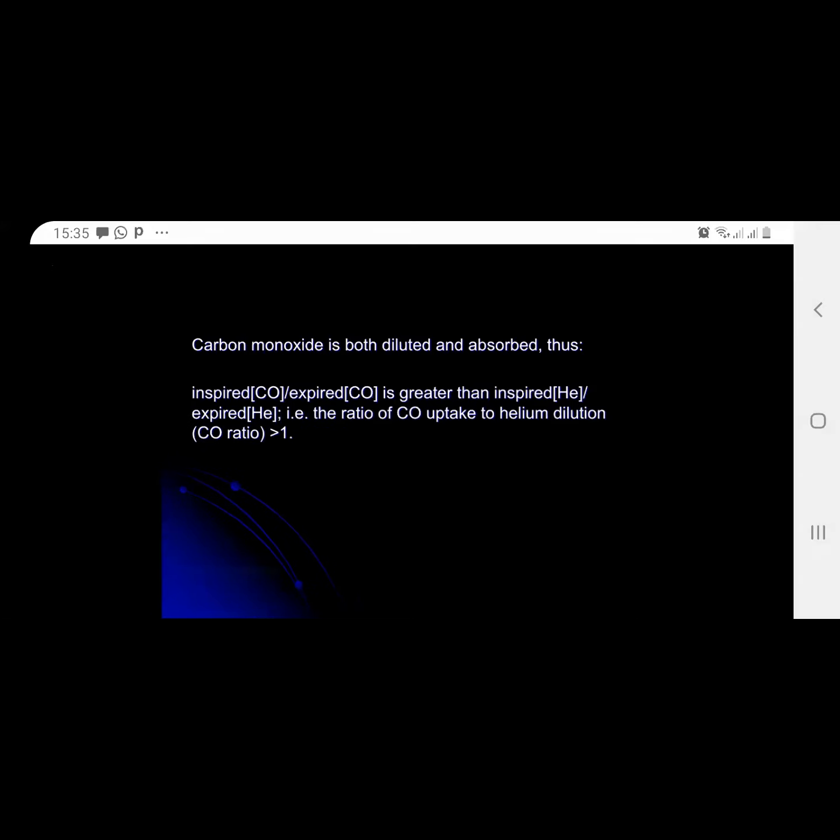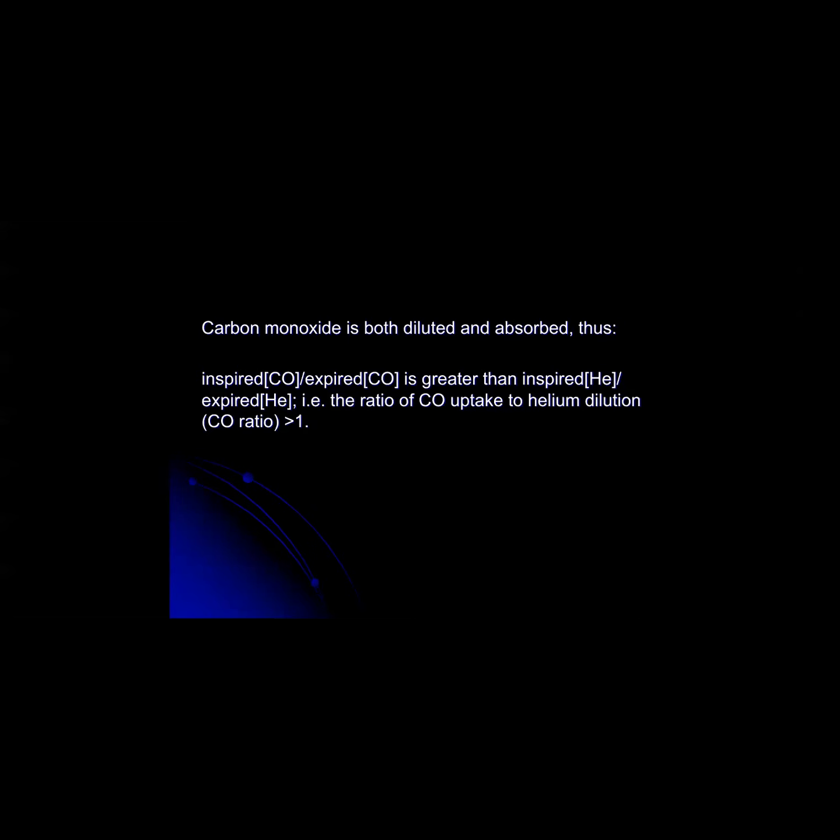So we are measuring the carbon monoxide by two means, either by infrared scanning or by helium. So we are measuring the carbon monoxide here by comparing it to the helium dilution.